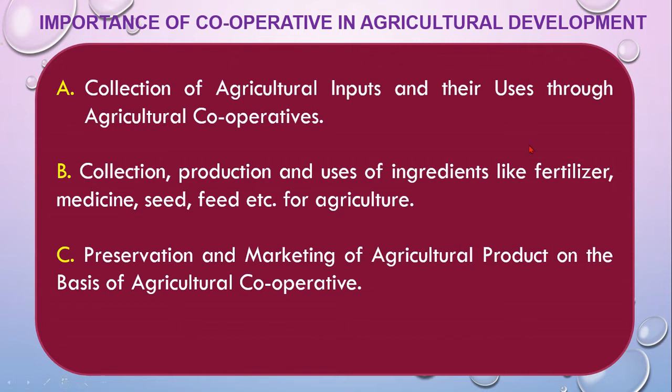Next is collection, production and use of ingredients like fertilizer, medicine, seed, feed, etc. Next one is preservation and marketing of agriculture products on the basis of agriculture cooperatives. For instance, in our country, one farmer produces 5 ton potato, the other farmer produces 5 ton potato, but when they preserve that, they have to preserve in a cold storage.